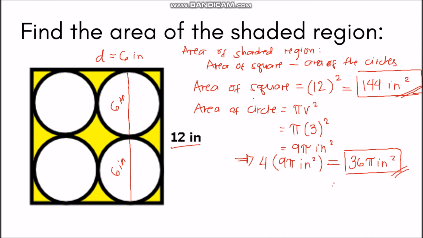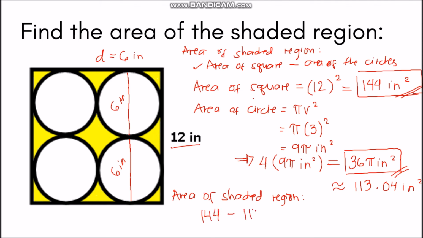Now, the estimated value of this will be 113.04 inches squared. Then, to get the area of the shaded region, you just have to subtract the area of the circles from the area of the square. So the area of the square is 144.